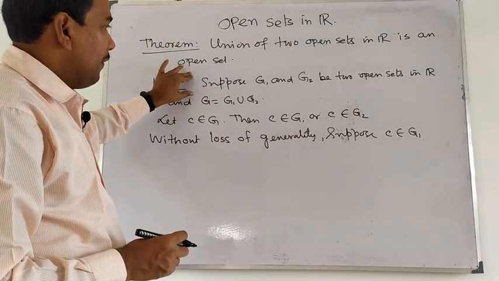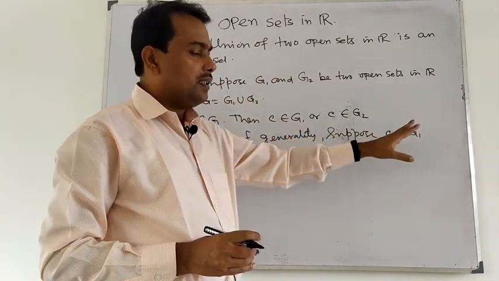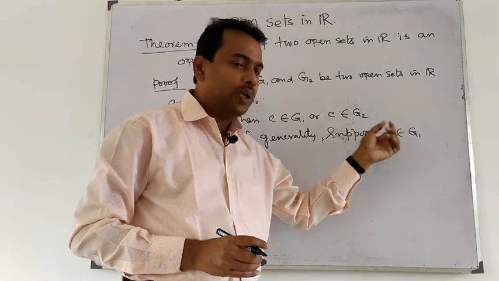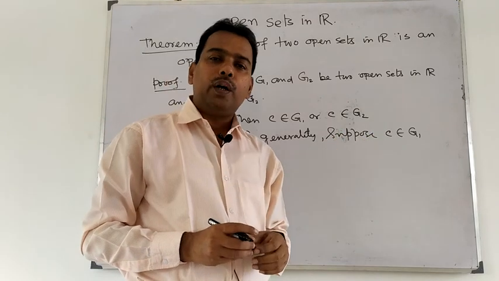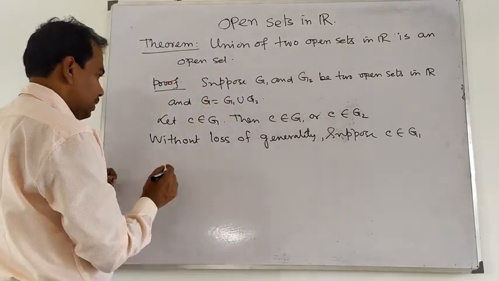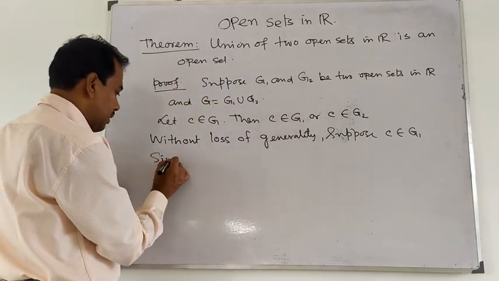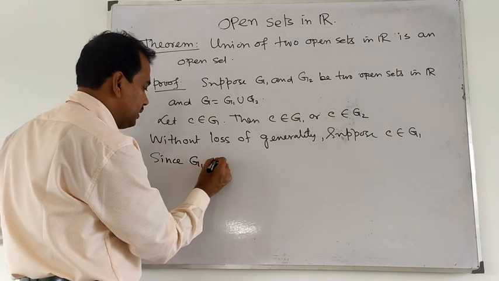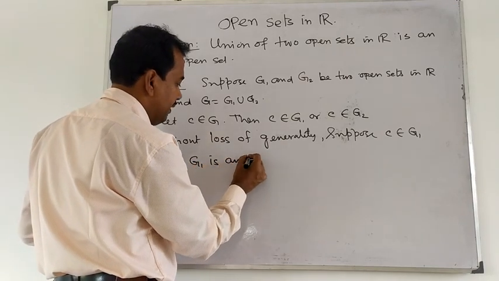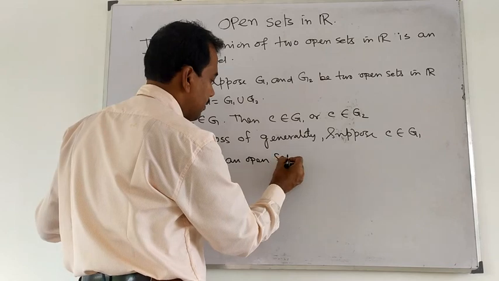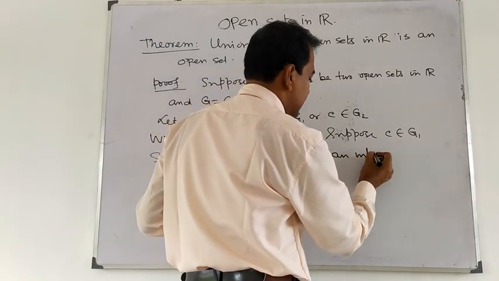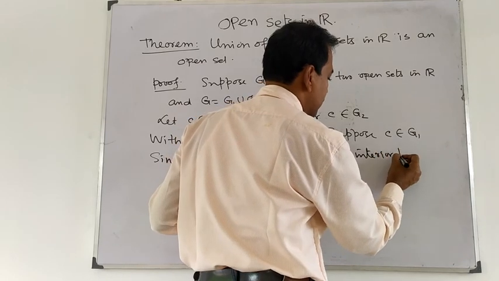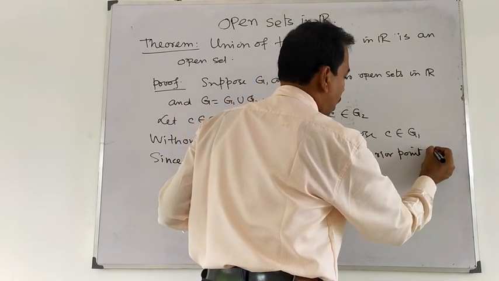Now G1 is an open set and c belongs to G1. So c is an interior point of G1. Since G1 is an open set, c is an interior point of G1.